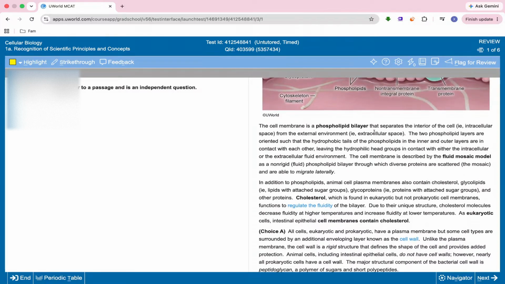The cell membrane is a phospholipid bilayer that separates the interior of the cell from the external environment. The two phospholipid layers are oriented such that the hydrophobic tails of the phospholipids in the inner and outer layers are in contact with each other, leaving the hydrophilic head groups in contact with either the intracellular or extracellular fluid environments. The cell membrane is described by the fluid mosaic model as a non-rigid phospholipid bilayer through which diverse proteins are scattered, the mosaic, and are able to migrate laterally.